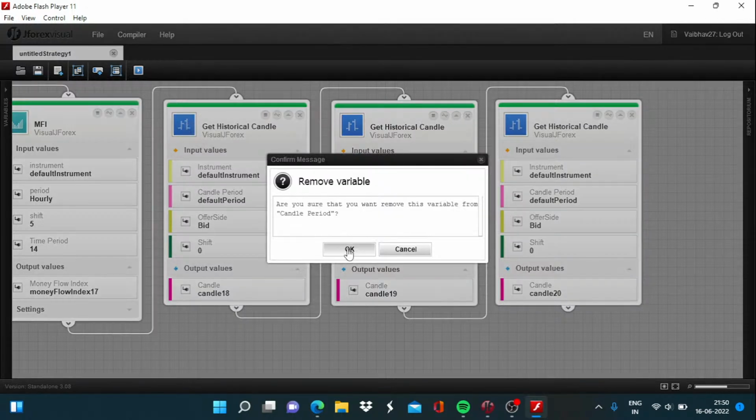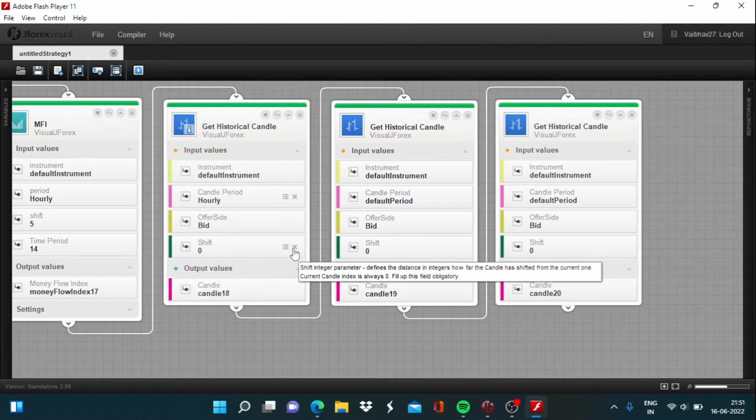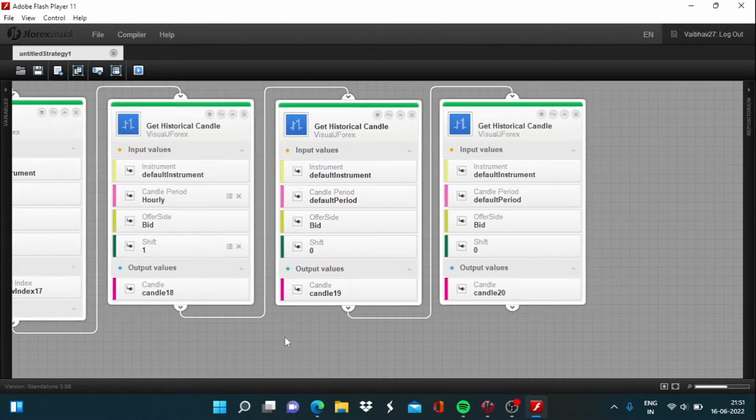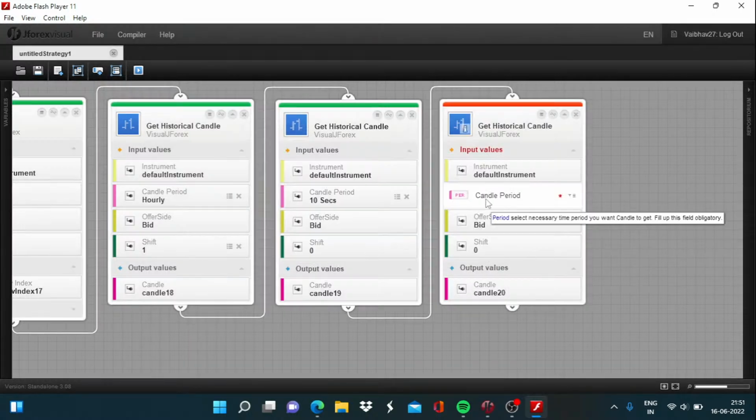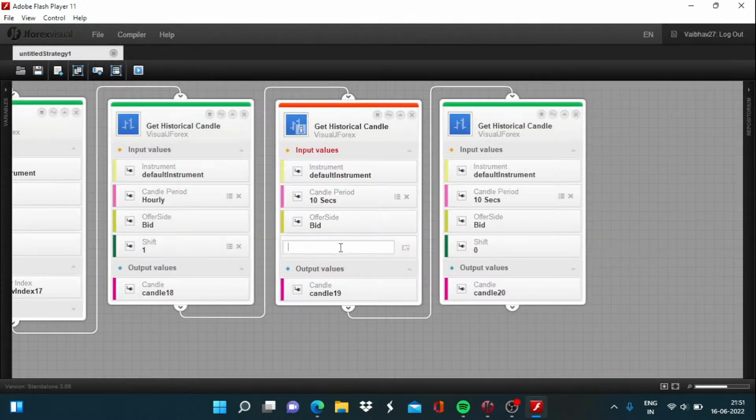And for the first one I will assign the candle period of hourly with the look back period of 1. So we will consider the last 1 hour's pricing data. And then to pinpoint the exact entry point, we will also be relying on these 2 get historical candles of 10 seconds each with the look back period of 1 and 2 respectively.